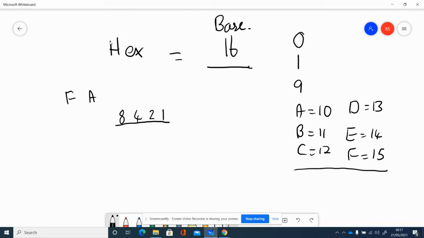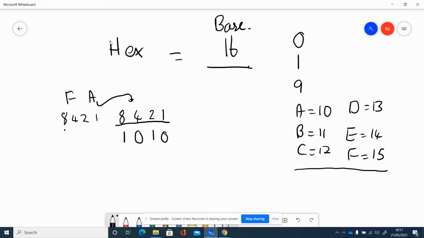So if I was to represent A, I'm looking up on my table over here, A is 10, so I've got 1 8 and 1 2, and that's 10. So that's my first bit of representing A. Then I also want to represent F, so I'm going to write down the same numbers, 8 4 2 1, and F, if I look up on my table, is 15.